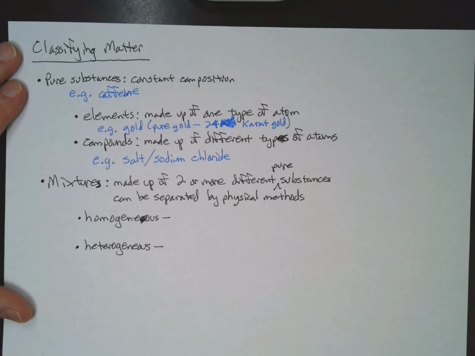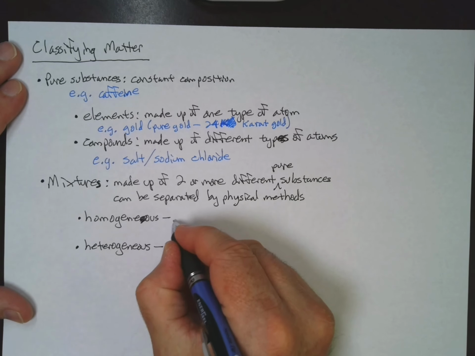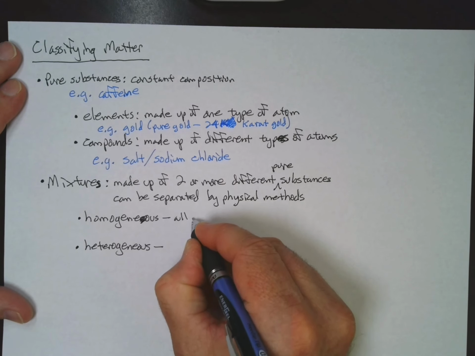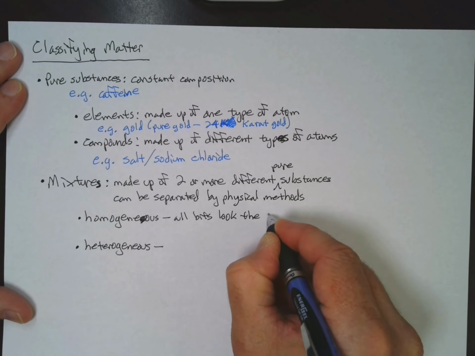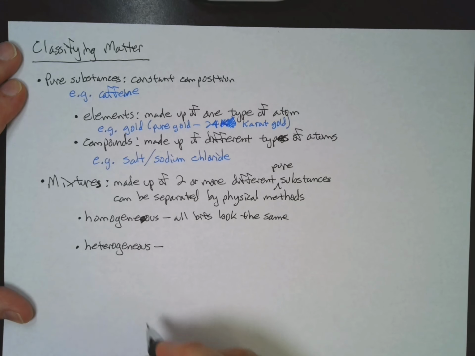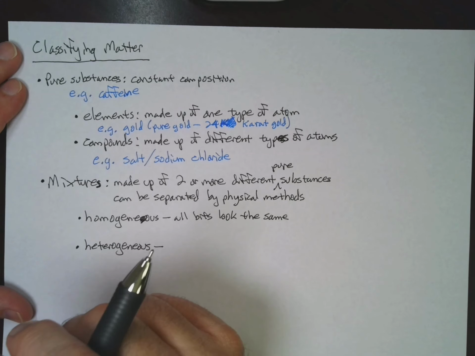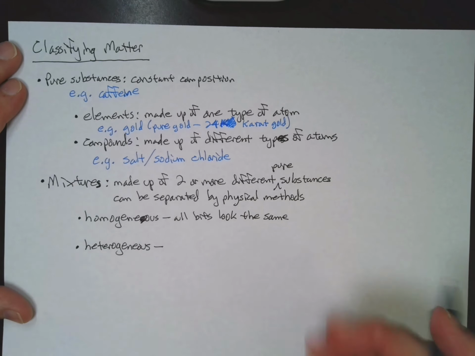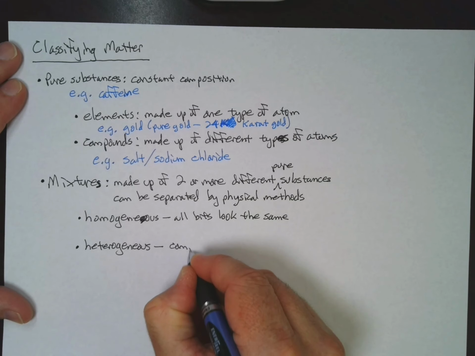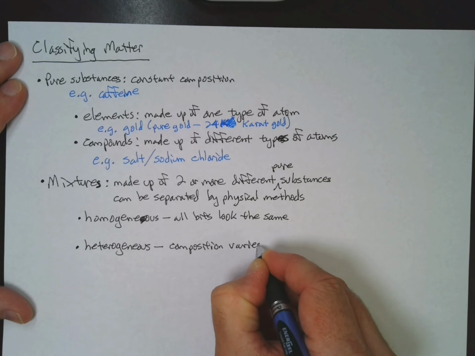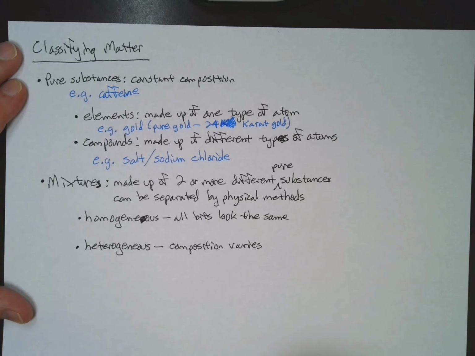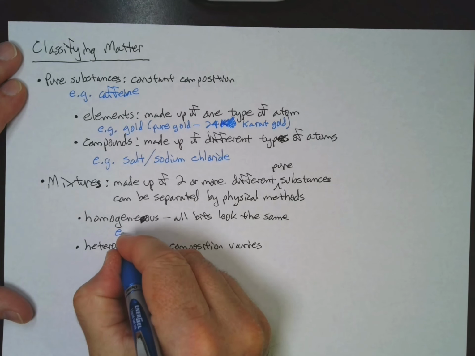Really, the easiest way to describe these is, in homogeneous mixtures, all the bits look the same. And in heterogeneous mixtures, we have a composition that varies. An example of a homogeneous mixture is air.